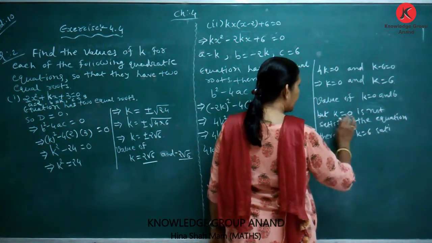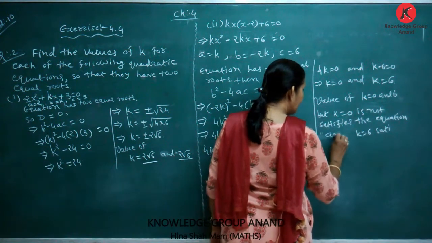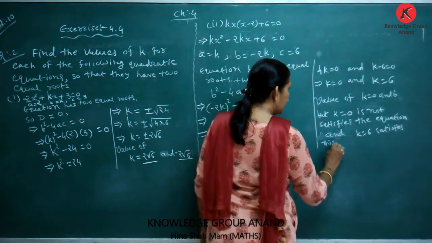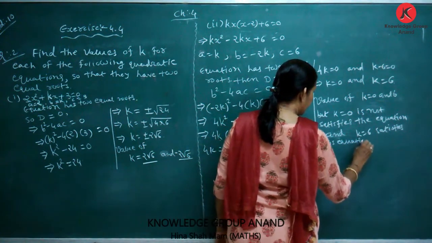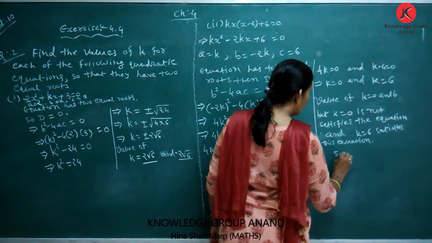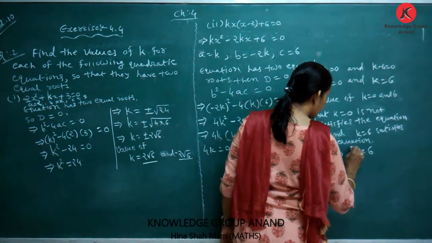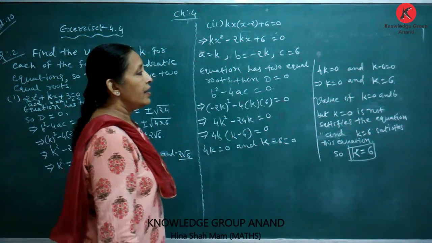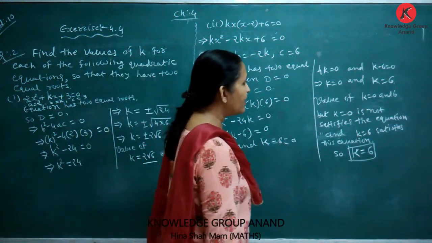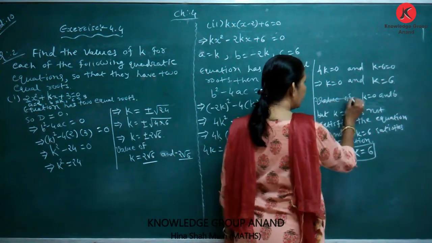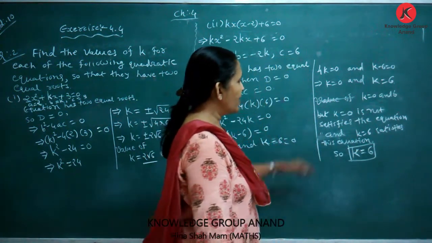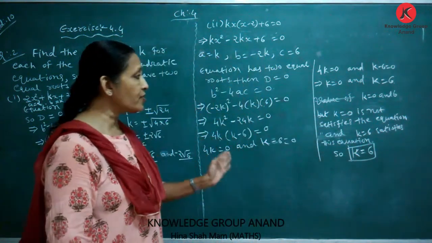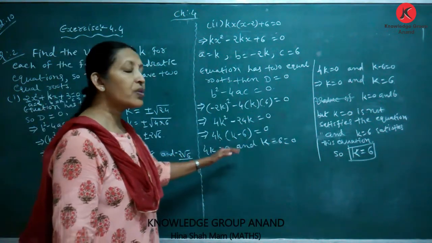But k is not 0; k is equal to 6 satisfies this equation. So the value of k is equal to 6. K is equal to 0 and 6, but k is equal to 0 does not satisfy the equation and k is equal to 6 satisfies this equation, so k is equal to 6.